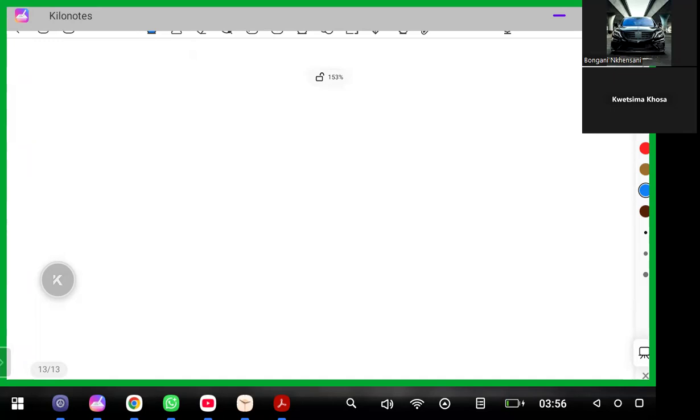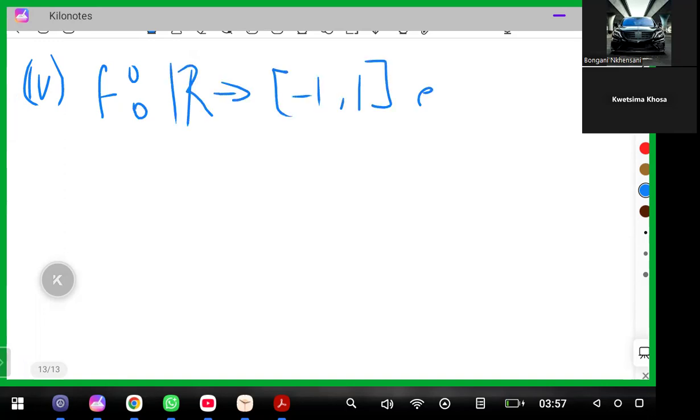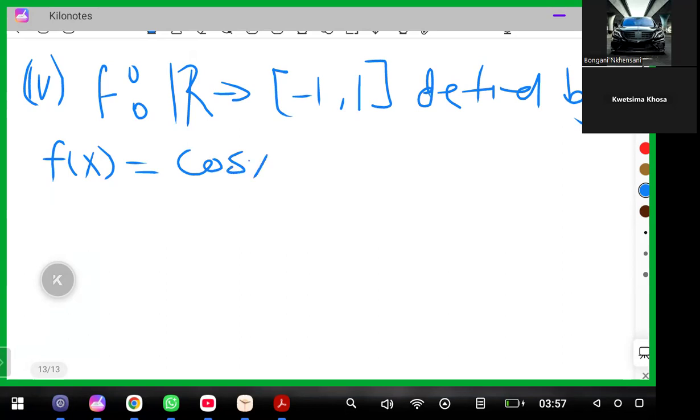So let's do the one for cosine. Let f of x be defined by f of x being equal to cosine x.